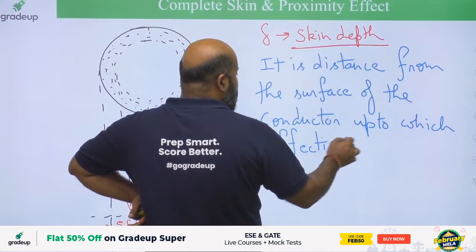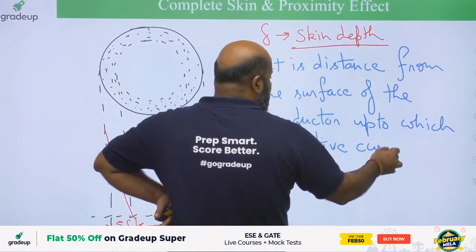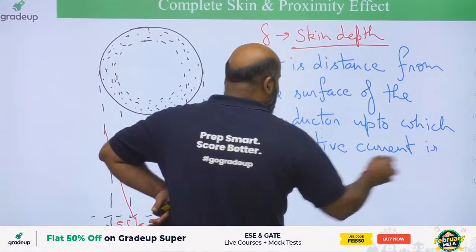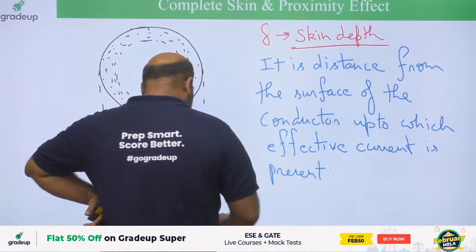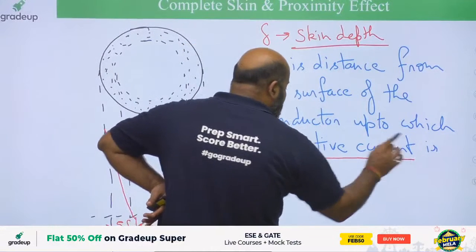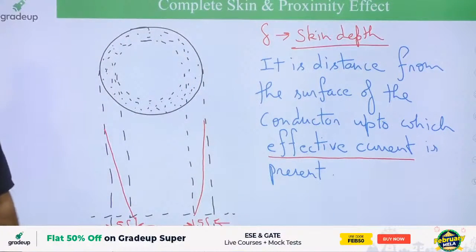Please try to understand this concept. Effective current is present. This effective current you have to underline. What is this 5 del distance?